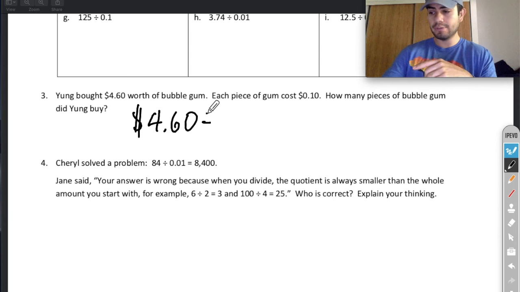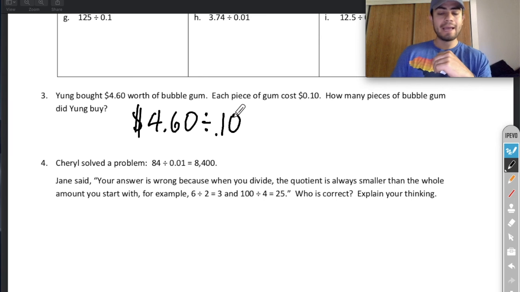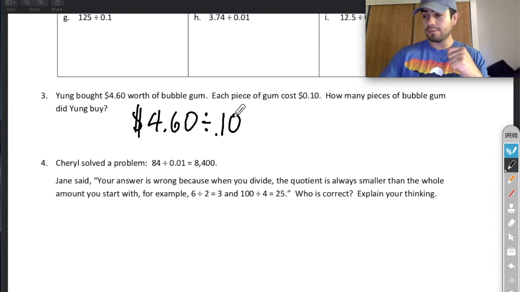So what you're going to need to do is divide by how much each piece of gum cost, which was 10 cents, and then figure out how many pieces you had in total.